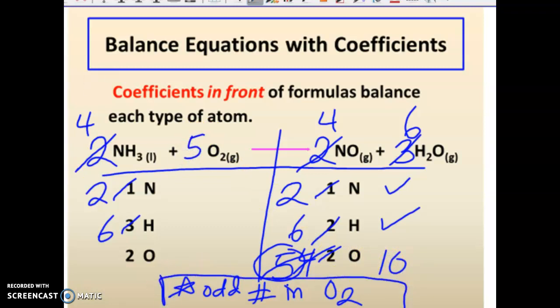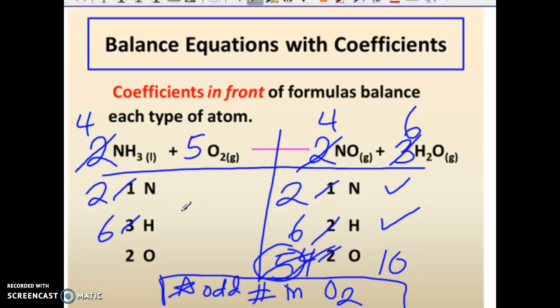Okay, so when do we do this? When do we have to do the doubling up? It's any time you're trying to put an odd number for the number of oxygens, because 5 is not divisible by 2. The same thing would happen if you had any odd number, 11, 13, 9, 7, 3. You can't put that in a number divisible by 2.